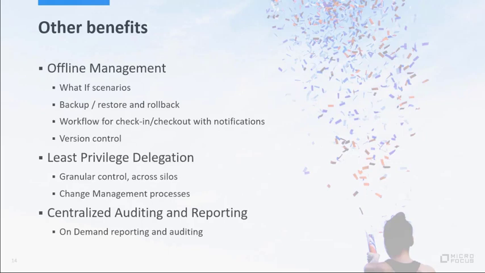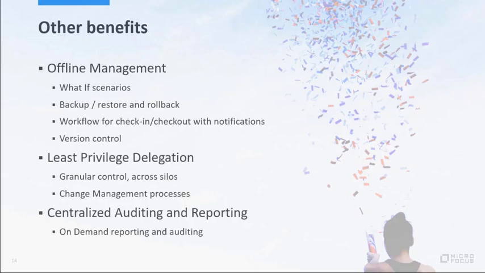So a couple other benefits that didn't fit on those slides that I thought were worth celebrating. I mentioned the offline management. You can also do some what-if scenarios. I mentioned the backup and restore. There are notifications all along the way. So if I make a change to policy and you're my manager, before I roll that out, you'll get the approval workflow, but you'll also get a notification through email, so it's not like you have to live in the tool to see all the changes going on.